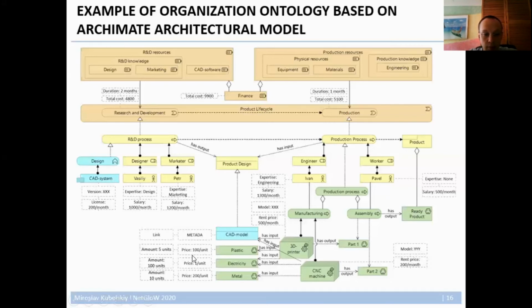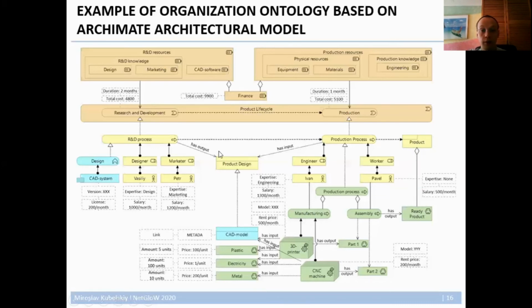At the output of this process, we have two separate parts, which are transformed into a ready product after the assembly process. So, as a final result, we get a real, ready product.